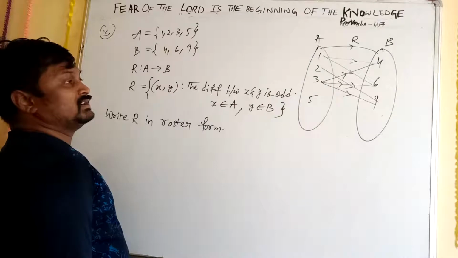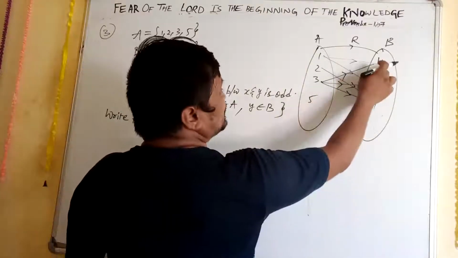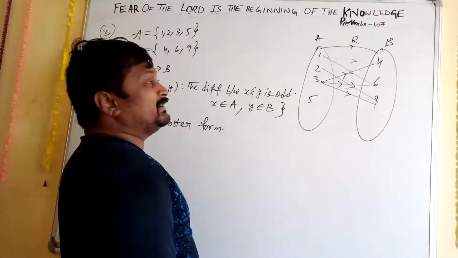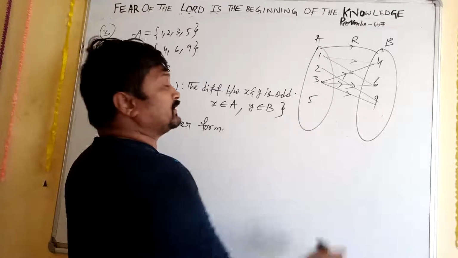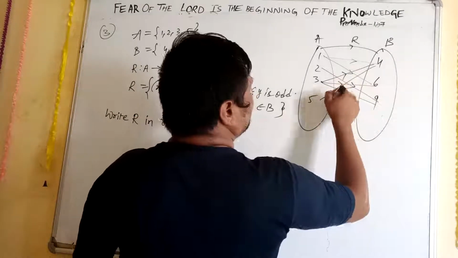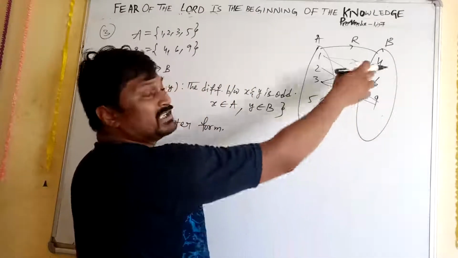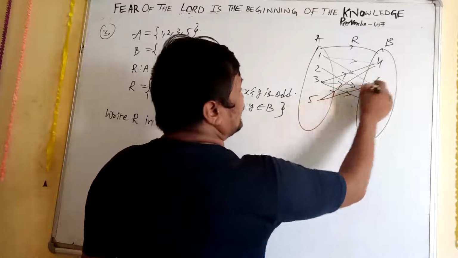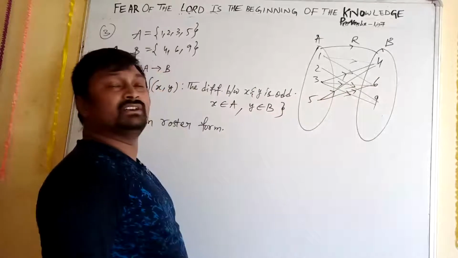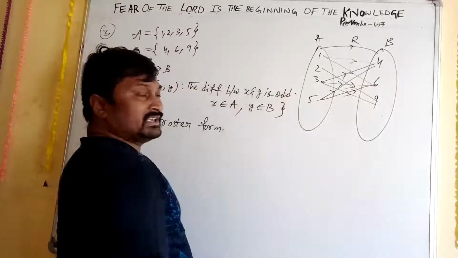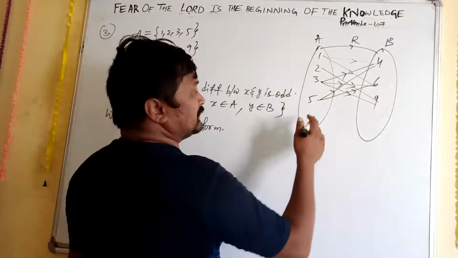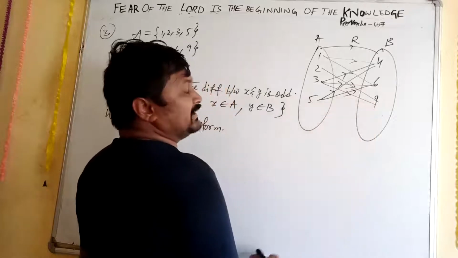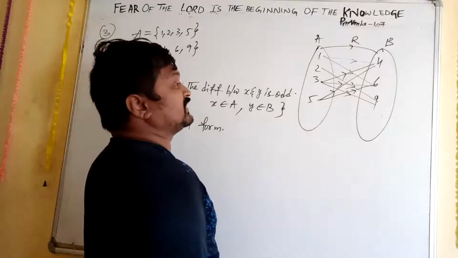Next one, 5 minus 4, that is nothing but 1. 5 minus 6 is again minus 1, so the difference is 1, an odd number. 5 minus 9 is 4, it is not an odd number.